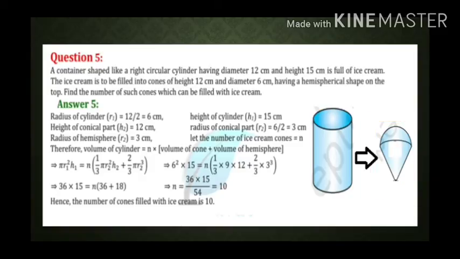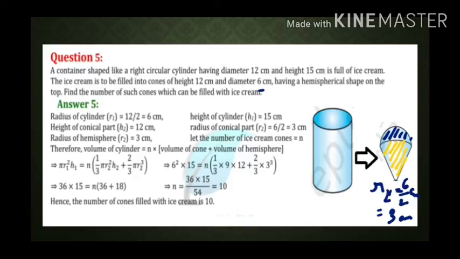Okay, now the volume of ice cream in each cone is equal to the volume of this conical portion plus the volume of this hemispherical portion. For the conical portion, r is given as 6 by 2, that is 3 cm. I am considering that as r2.